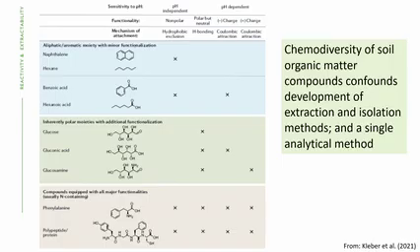You have compounds that are pH sensitive. You have compounds that have different charges. They can be positively charged or negatively charged depending on the soil pH. So this chemodiversity is really challenging when we're trying to develop strategies for extraction and isolation. And then, of course, there isn't one analytical method that can manage all of these.